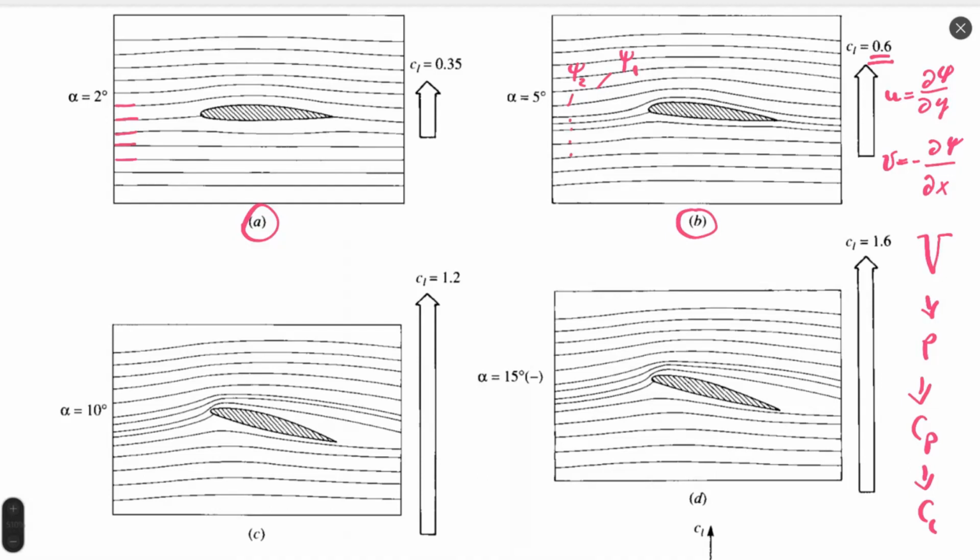Okay, let's see case C. Case C corresponds to 10 degrees angle of attack. In such a case, we already have significant inclination of flow with respect to the airfoil, the angle between chord direction and flow direction. I think for all these pictures, what is changing is this angle of inclination.